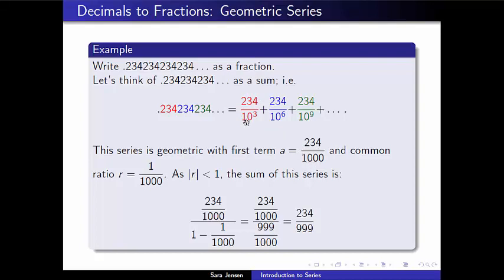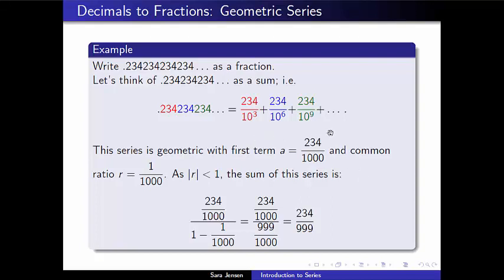And as we're moving from one term to another, in order to shift those digits over 3 places, we're multiplying by a 1 over 10 to the 3rd power, making our common ratio 1 over 1,000. Because 1 over 1,000 is smaller than 1, that's the criteria for us to have a convergent geometric series.